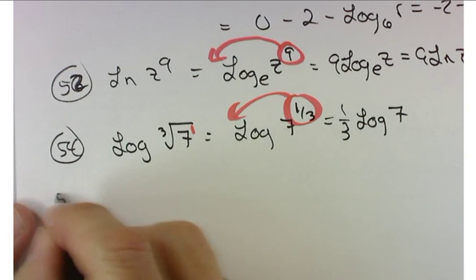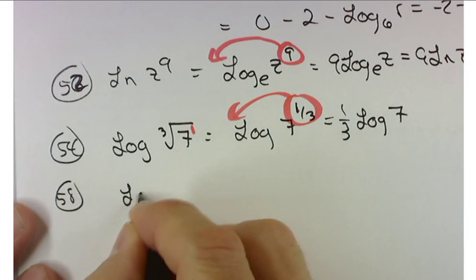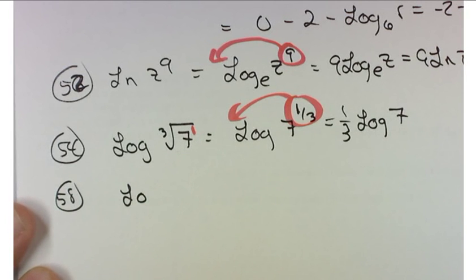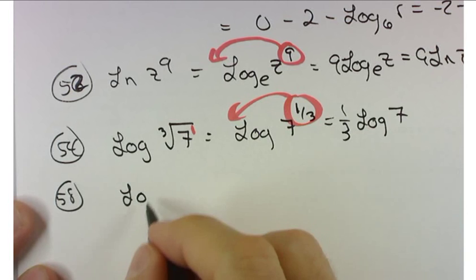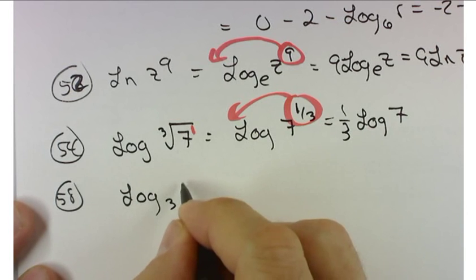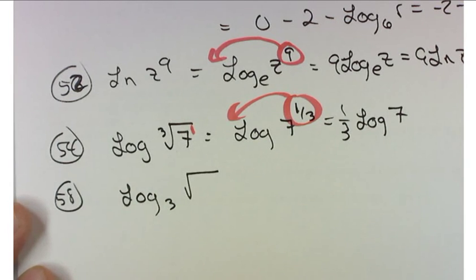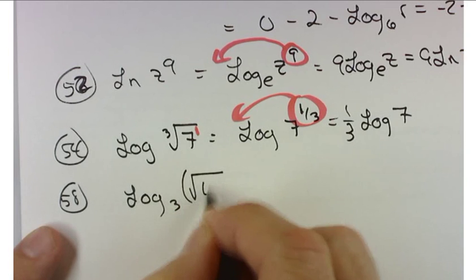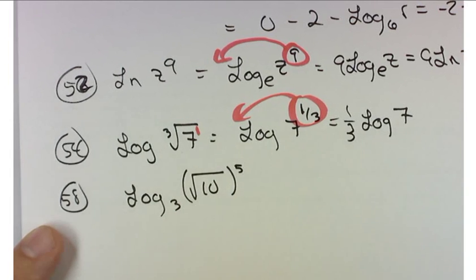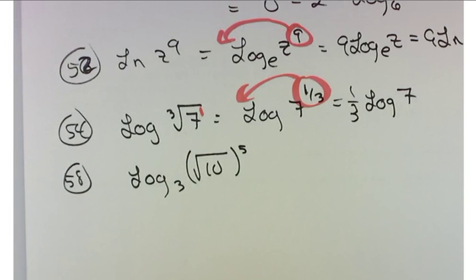So number 58, log base 3 of the, what is it, the square root of 10 to the 5th? Let me just double check. Yeah, square root of 10 to the 5th. So you have to be a little bit more careful working with the exponents here.